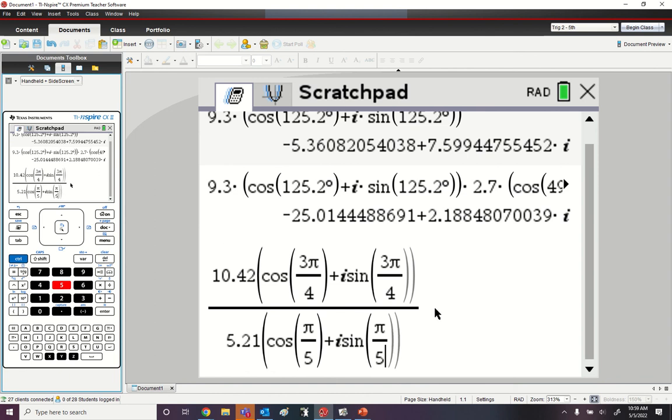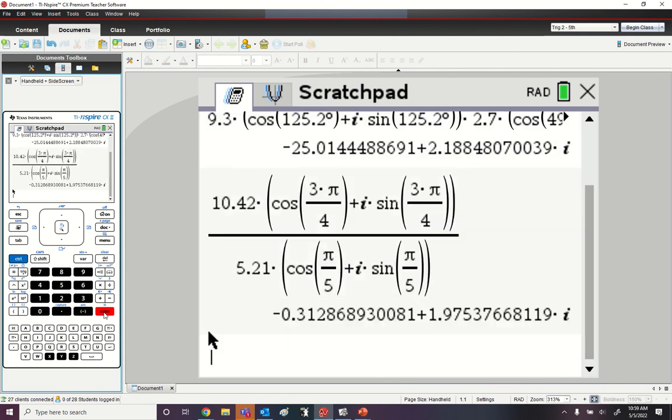Okay, since we have everything in there now, and since we're still trying to find it in rectangular, I just hit enter. So my answer is going to be negative 0.31 plus 1.98i.